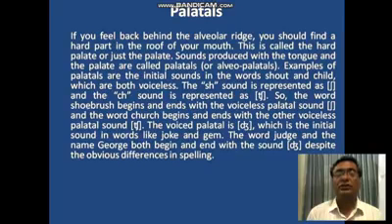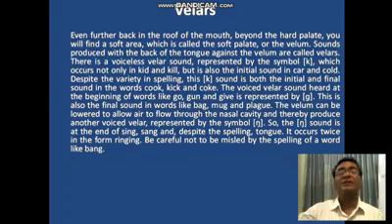The word judge and the name George both begin and end with the sound j, despite the obvious differences in spelling. So you understand what the palate is and what the palatal sounds are.